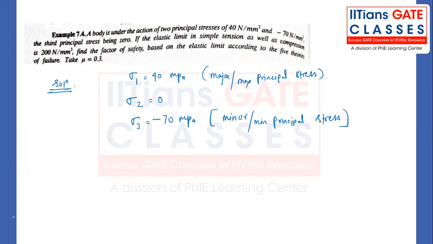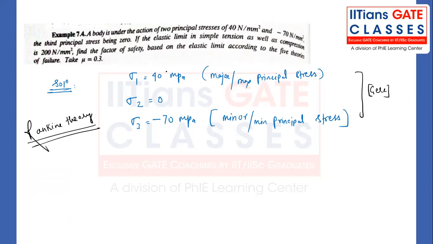Yes, that is a blunder you might have been making for so many years without being aware of it. But if you read the Gere book, you will find this thing: the definition of major or maximum principal stress and minor or minimum principal stress. We have to determine the factor of safety based on the elastic limit according to 5 theories of failure. But instead, we are focusing our attention on Rankine's theory, and we will find the factor of safety by Rankine's theory. Let's focus now.